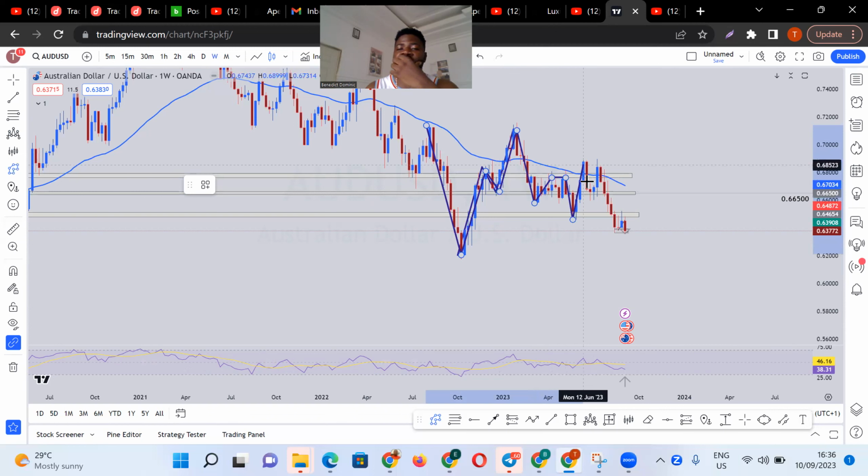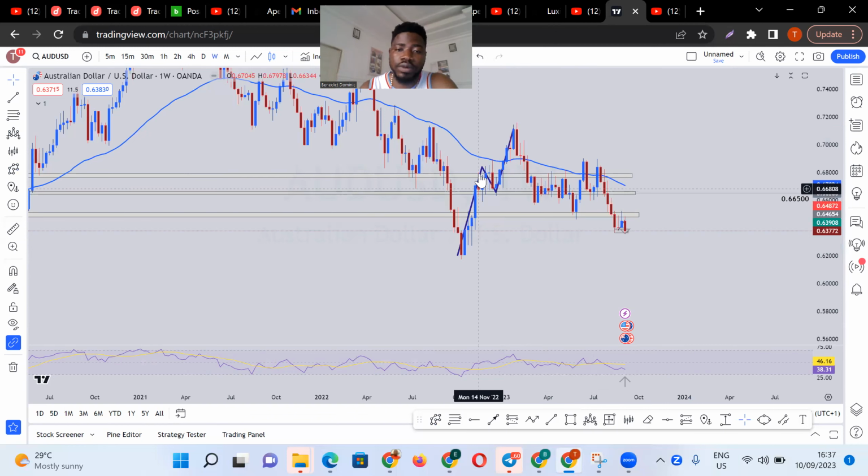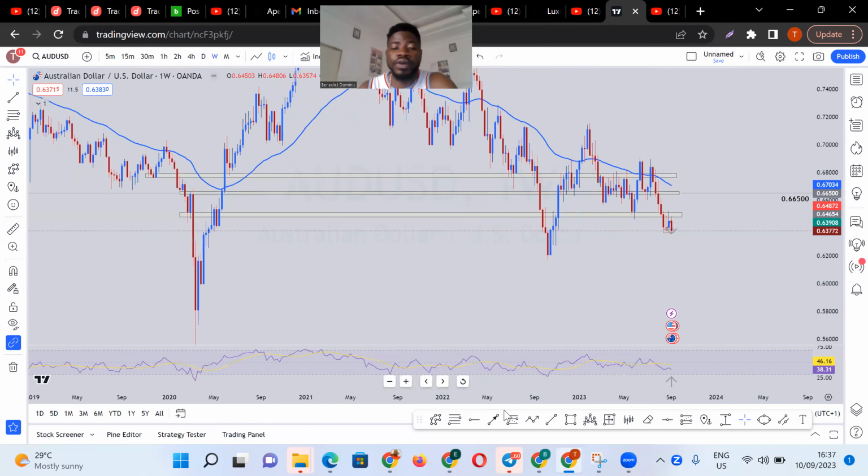There's nothing much. There is a pattern I saw on this pair, very beautiful. Any day market will come up to this place, it will be a bomb, because that's a weekly setup. If you have eyes, you will see this M pattern right there.